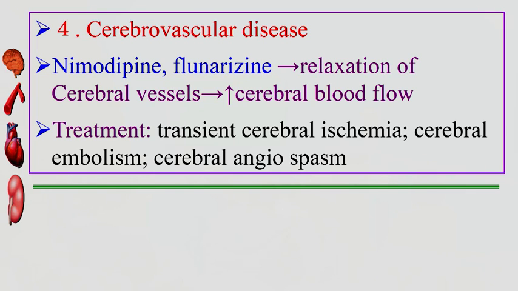These drugs can relax cerebral vessels and increase cerebral blood supply, and are mainly used to treat TIA, transient cerebral ischemia, cerebral embolism, and cerebral vasospasm.